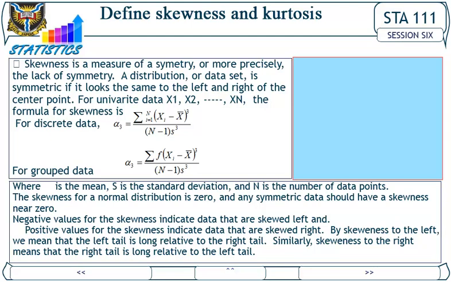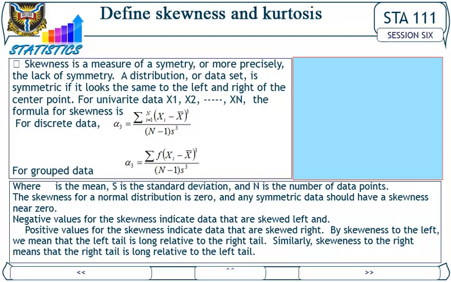For univariate data, x1, x2 to xn, the formula for skewness is, for discrete data, skewness alpha 3 is equal to, for grouped data, alpha 3 is equal to, where x bar is the mean, s is the standard deviation, and n is the number of data points.